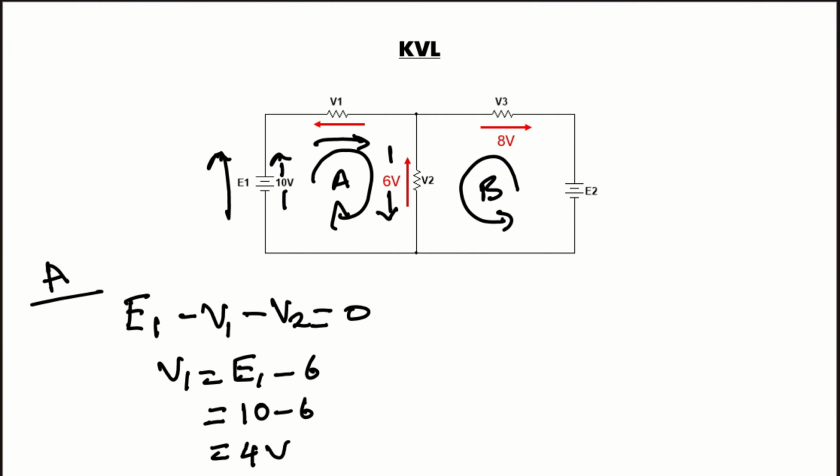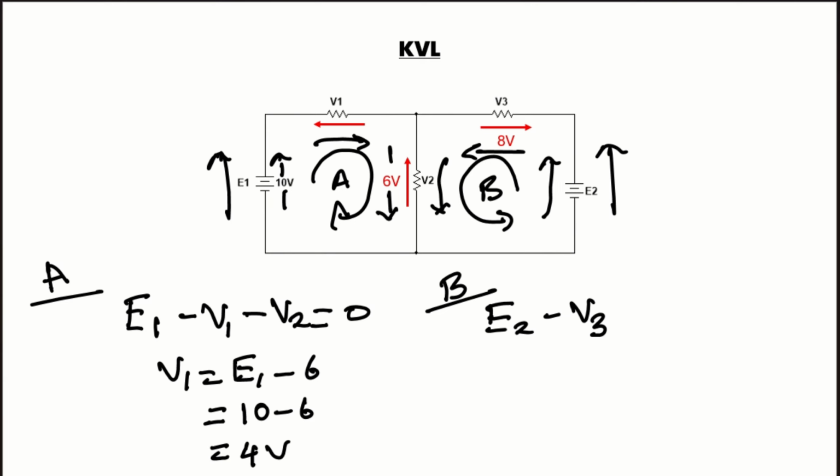On the other hand, if you apply the KVL at loop B, then the voltage across E2 and the loop direction are in the same way. So E2 minus V3, the reason being the loop direction and the voltage direction are opposite. Similarly, the loop direction is here and the voltage across V2 direction is opposite, so it will be minus V2, equal to 0.